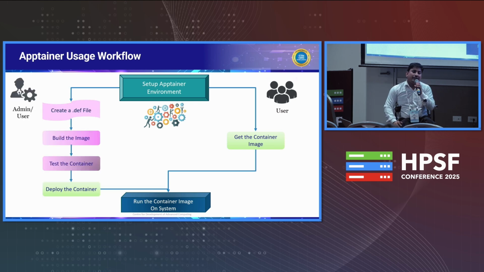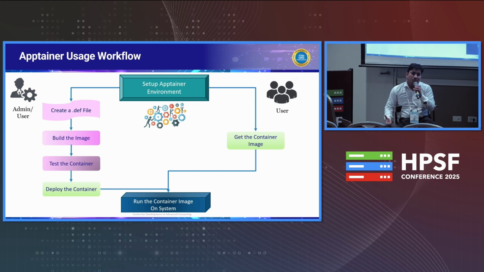Another way is that you want your own image to be built. Certainly you can create your image, whether you are an admin or a user. As admins like us, we generally try to build as many images as possible for those scenarios or those users and make them available.